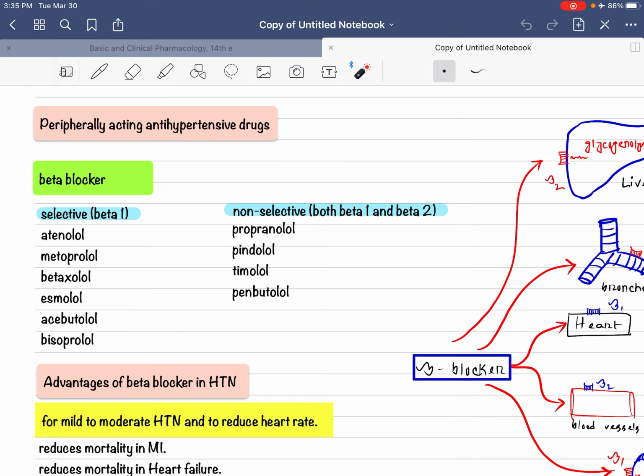Non-selective beta blockers block beta 1 as well as beta 2 receptors.